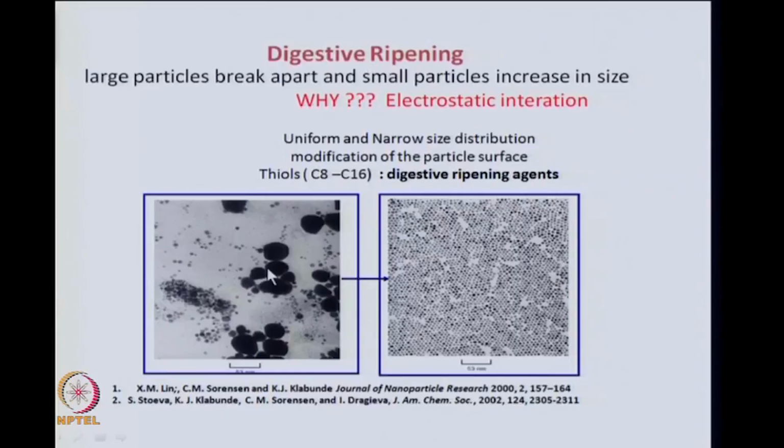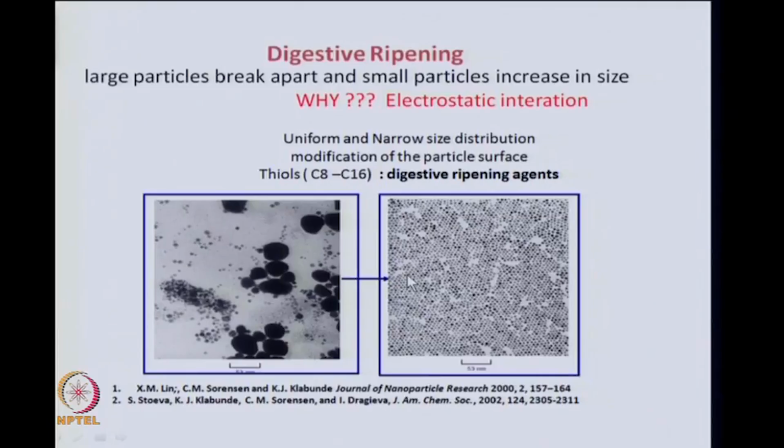instead of having large and small particles, the larger particles break to become uniform small sized particles, as seen here in this particular case, which is published in these 2 journals, and you get a very uniform homogeneous distribution of particles of very small size through this digestive ripening process.